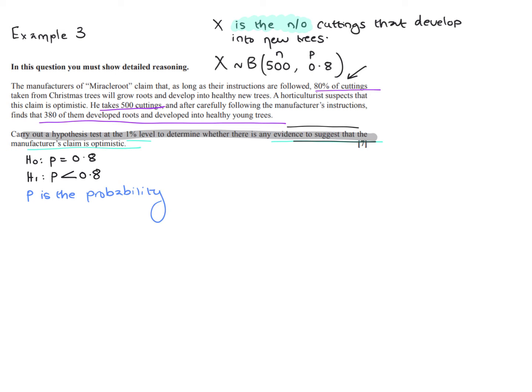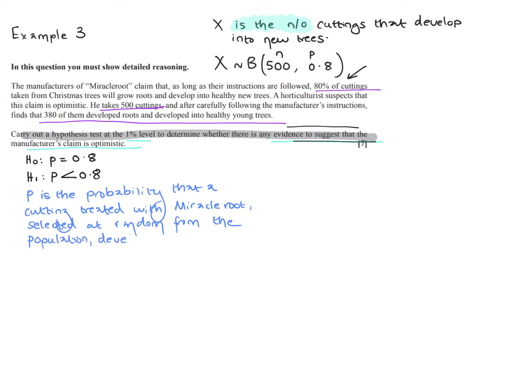P is the probability that a cutting treated with Miracle Root selected from the population at random develops into a healthy new tree.